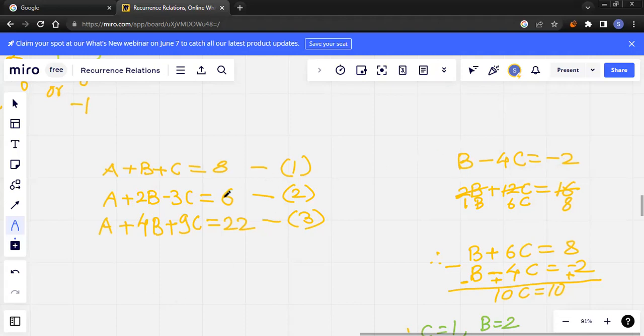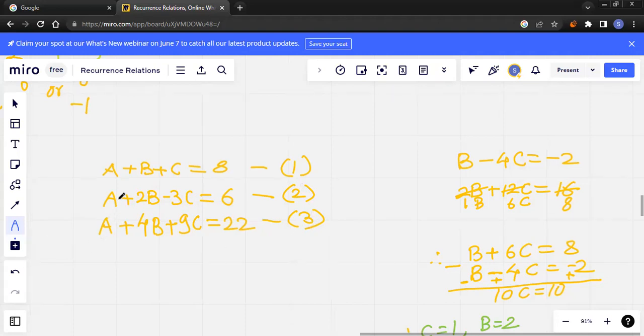Now let us go to the next. You can see this is a + 4b + 9c = 22, and this is a + 2b - 3c = 6. So let us subtract 2 from 3.